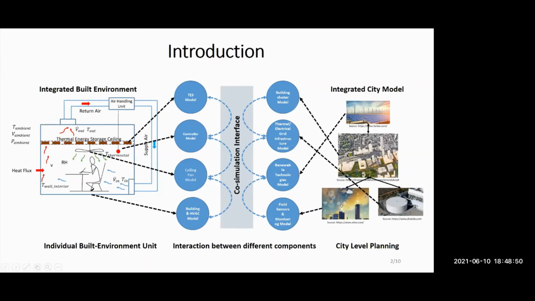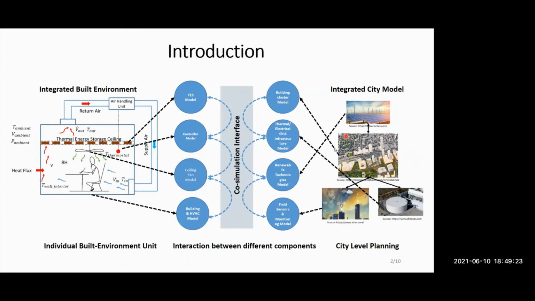To power this building cluster, there can be renewable grids, there can be thermal grids. For power trading, as our fellow researcher talked about, there can be connected systems. So how can we holistically model this system in an integrated manner? For that, we need to develop some kind of interface where different kinds of models can exchange data among themselves so that they can be operated in an optimized manner.